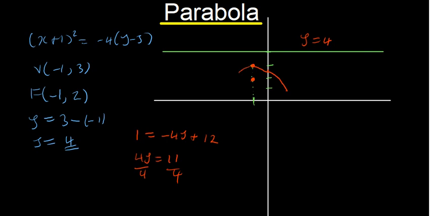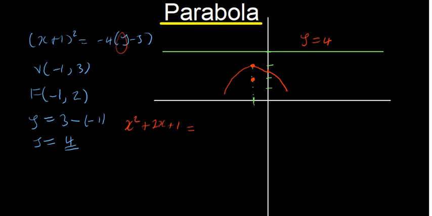Then coming down like this, to find where it's going to cut the x-axis, we have to set our y to be 0. So if you put 0 here, this side is going to be x² + 2x + 1, which is equal to 12, when you set y to be equal to 0.